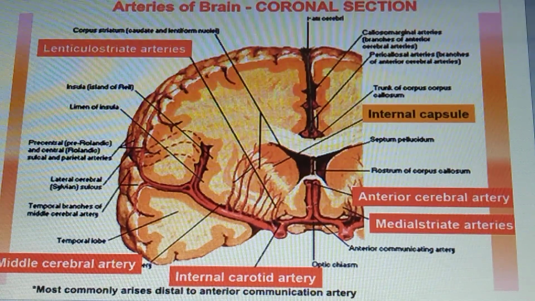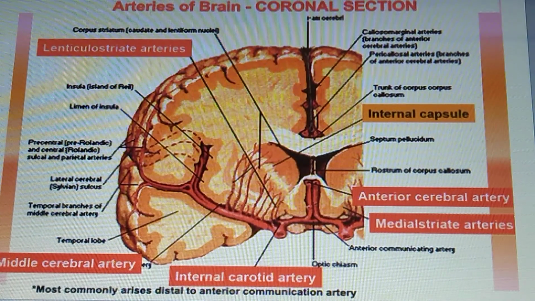Now in this diagram it is not shown. We will see one more diagram for that.